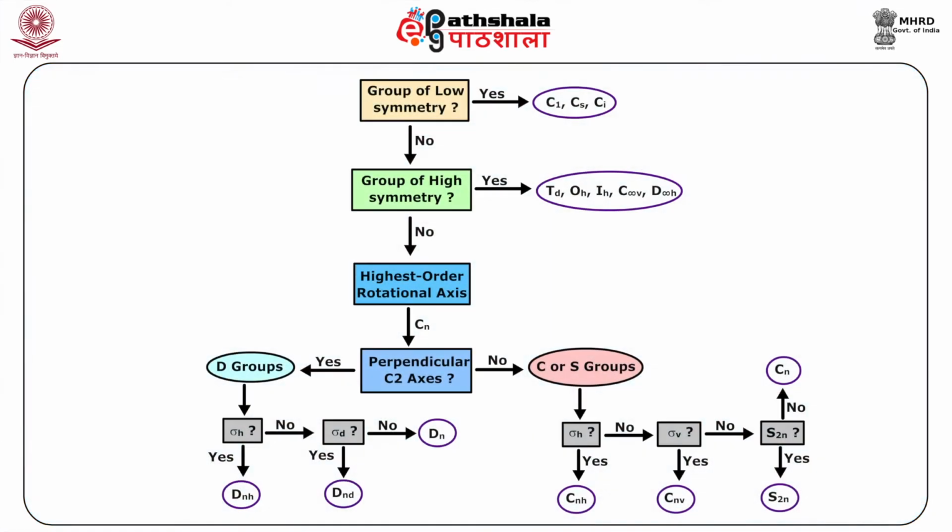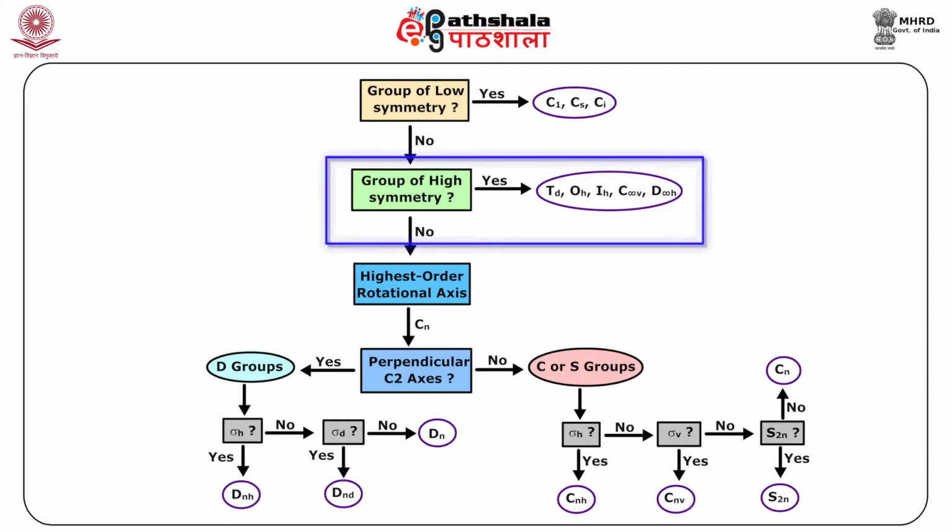Now you can see here the classification of various symmetry elements and operations into the point groups. So, is it a group of low symmetry? If yes, then it would have C1, Cs or Ci elements. If no, then it has a group of higher symmetry.